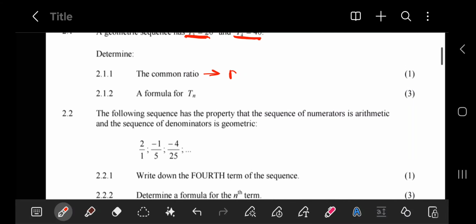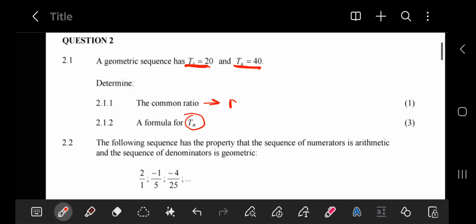In 2.1.2, they now ask you for a formula for Tn. And since this is geometric, you guys need to remember that Tn is equal to A R to the power n minus 1. That is the formula that we're working with. Now, there's missing information here.